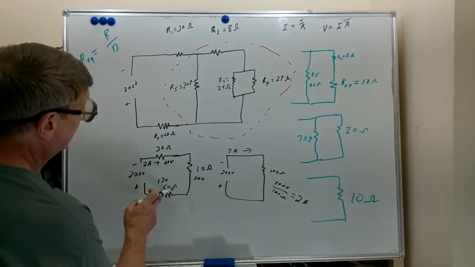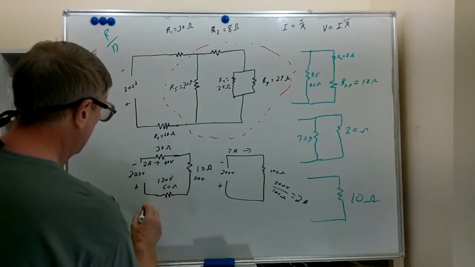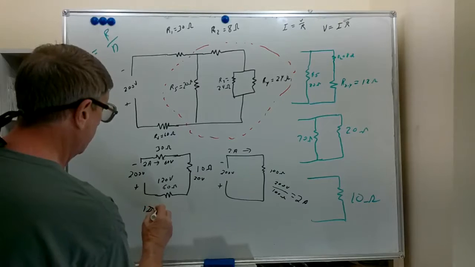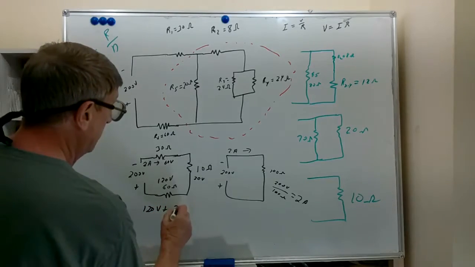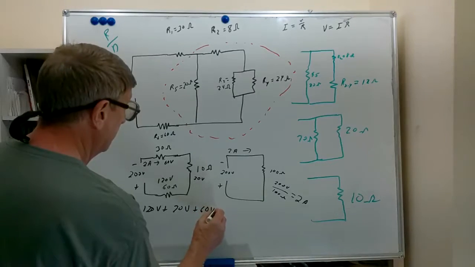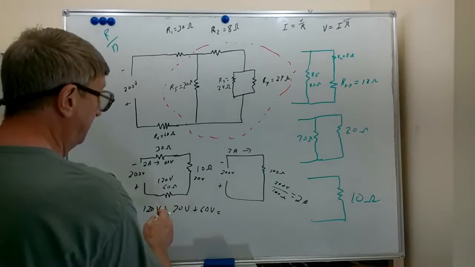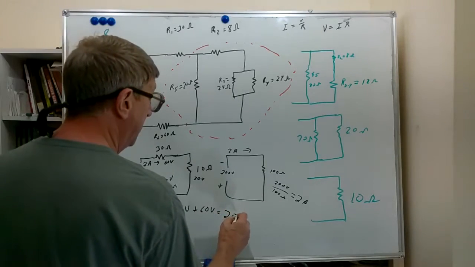Oh, okay, this is the 60 ohm resistor. 120 volts. Yeah, 120 volts. 120 volts plus 20 volts plus 60 volts. Yeah, I was looking at the ohms here. 120 plus 20 is 140, plus 60 is 200 volts.